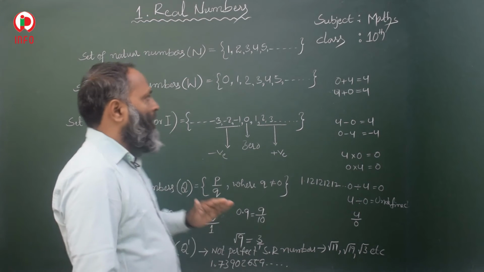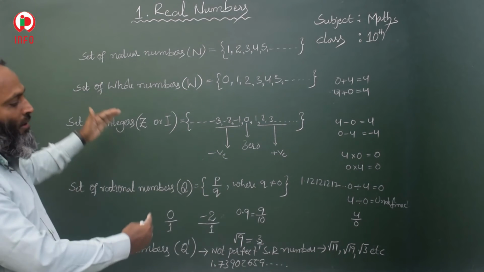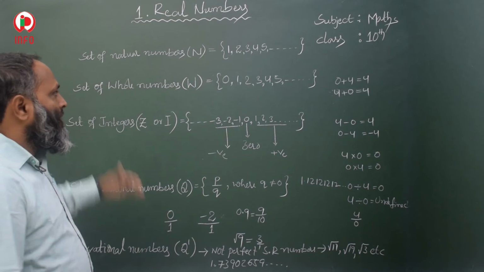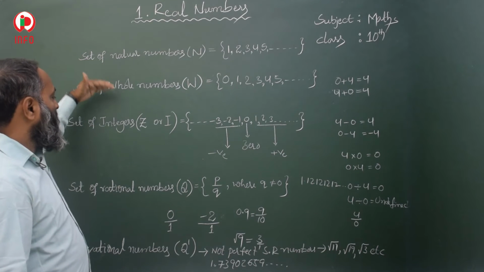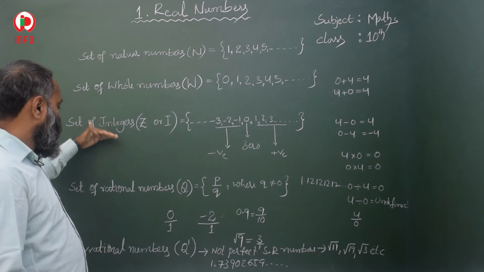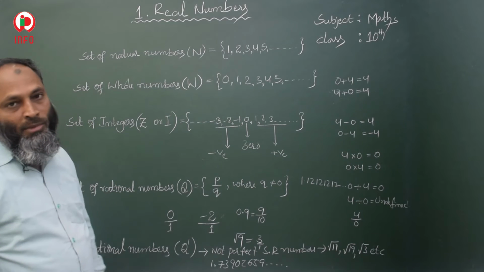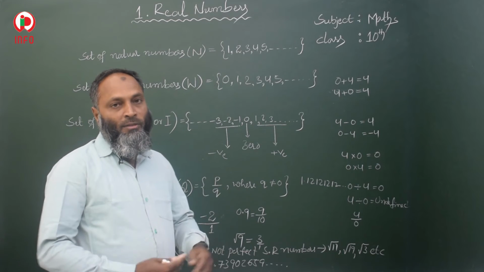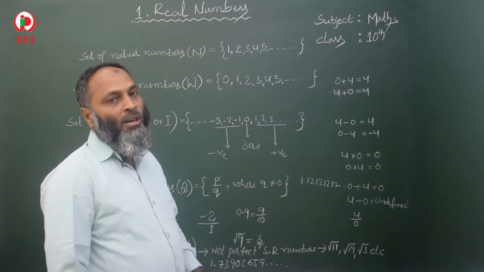Okay. This is about our number system, what we learn till 9th standard. See here, first the set of natural numbers, set of whole numbers, set of integers, set of rational numbers, and here we have a relation between the sets. So, what relation is there?